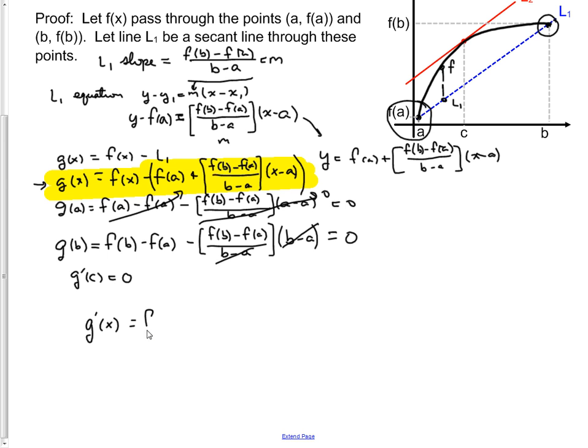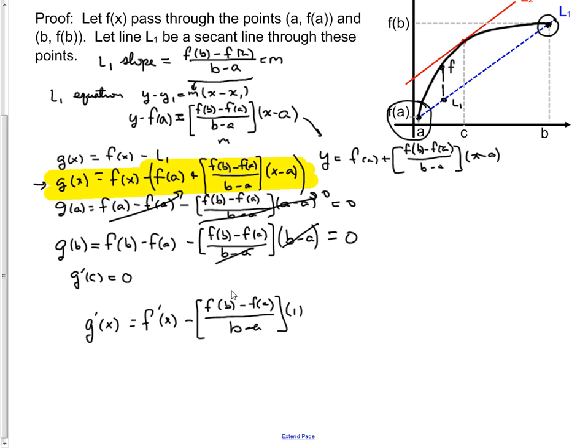Well, it's f prime of x minus the quantity f of b minus f of a divided by b minus a times the derivative of x minus a, which is just 1.